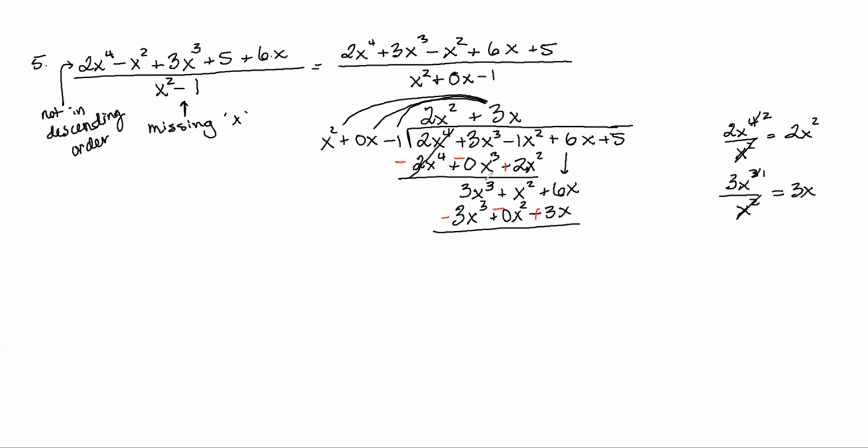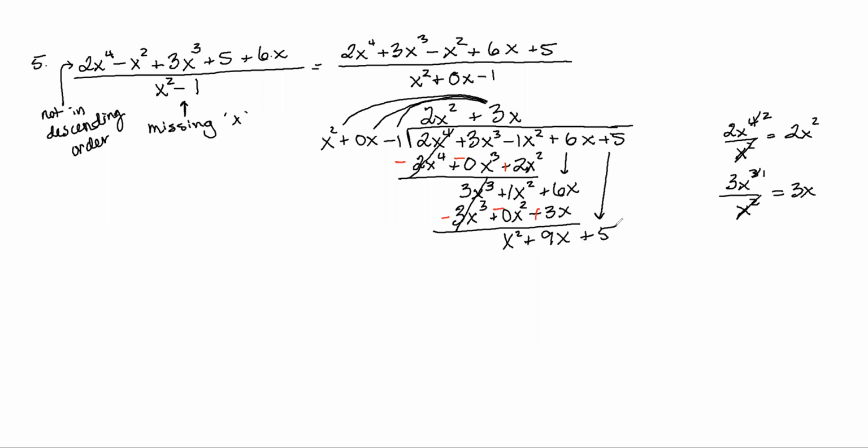First terms cancel out. Again, for this one, you're adding and subtracting 0, so it shouldn't change it. We have 1x squared minus 0, still 1x squared. And then 6x plus 3x is positive 9x. Bring down the last term, so plus 5.